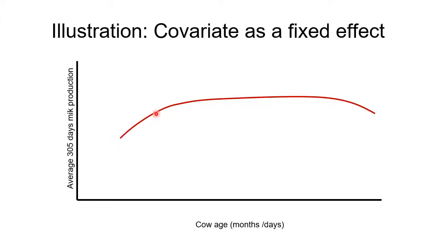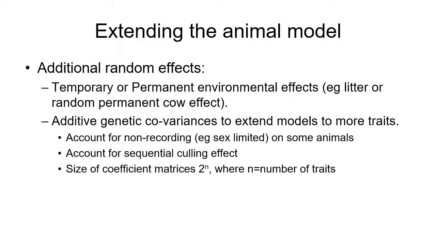The same obviously is true in terms of weaning weight, where the maternal effect on the calf suckling on the cow needs to be accounted for in terms of the age of the dam, and you can also fit a model like this or this effect in a model to account for the possible differences.